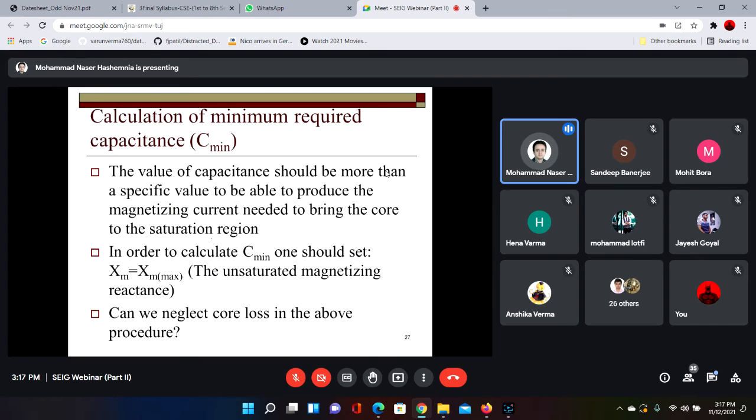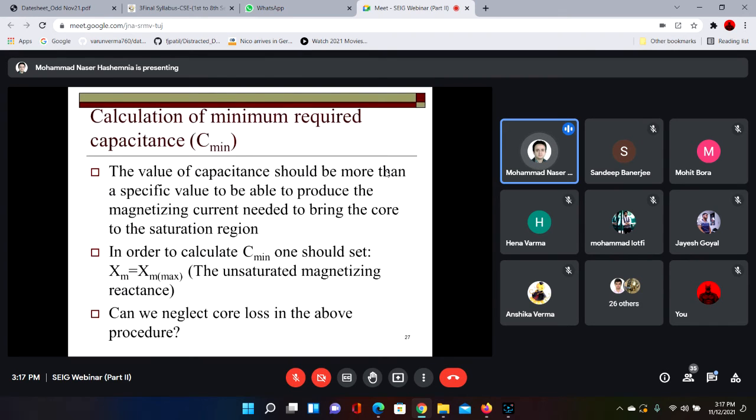The value of capacitance should be more than a specific value. It should be higher than one value. If the capacitance is very low, then it cannot aid the voltage which is built by residual and increase that voltage to the rated value. So a very small capacitance value is not acceptable here. The capacitance should be higher than a specified value.